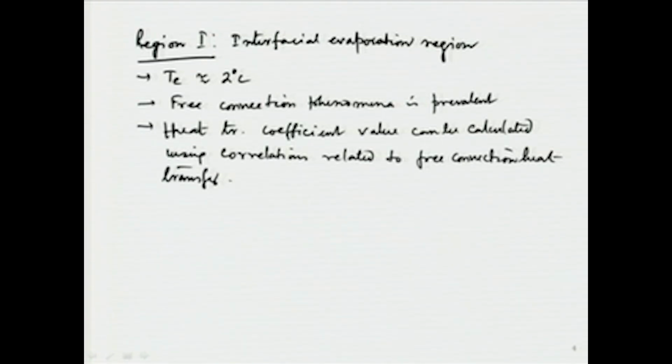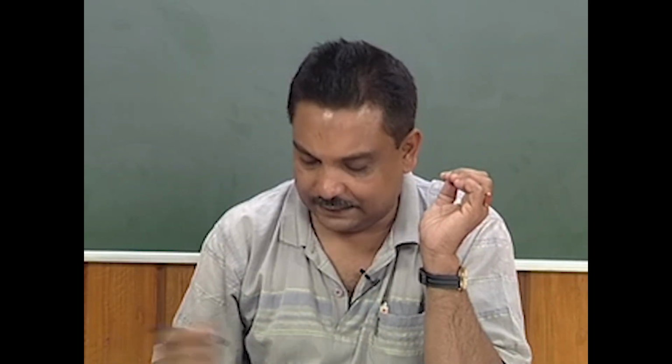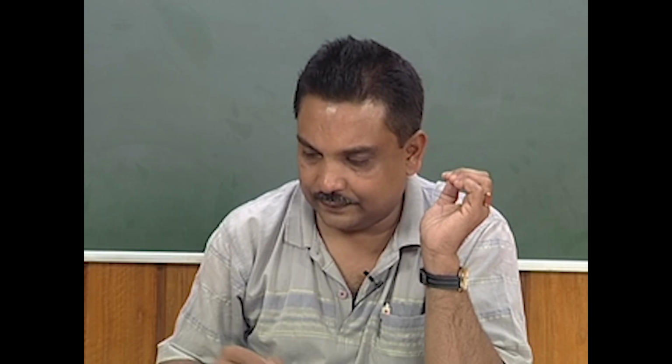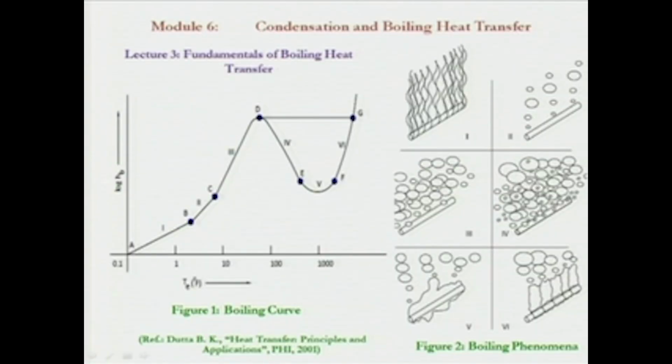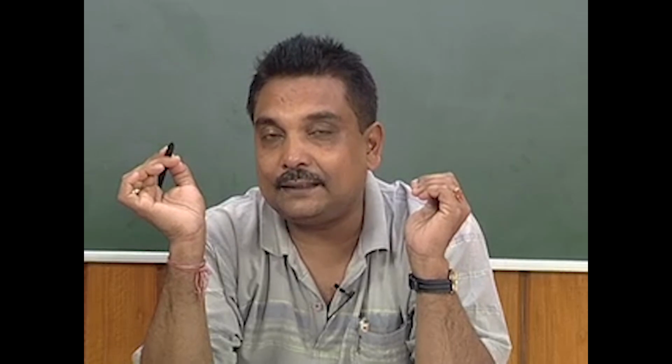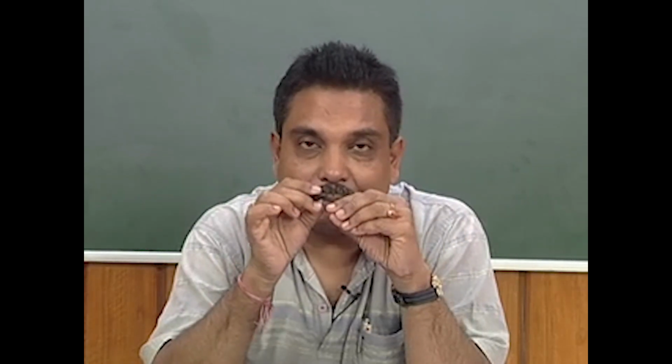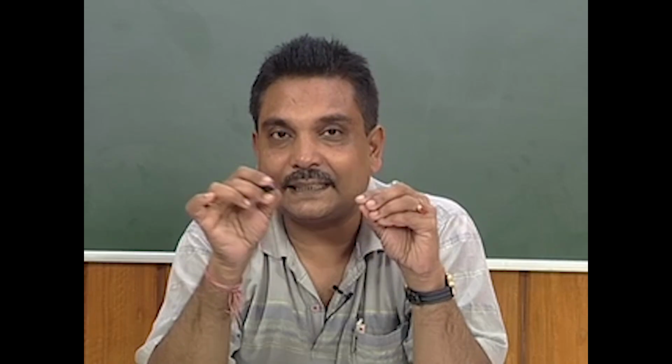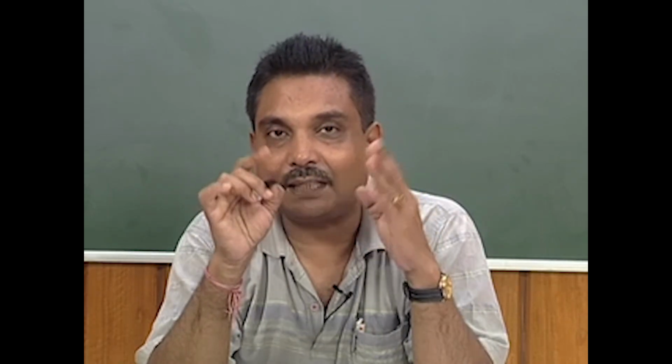So, what is happening in this case, as we have discussed and shown in this figure. In the first one in figure 2, we see that there will be some vapor formation, and these vapors will go up because of density differences. There is no formation of bubbles at this particular moment, and what happens is that liquid elements coming in contact with the surface get heated up and become lighter, and they try to go upward.